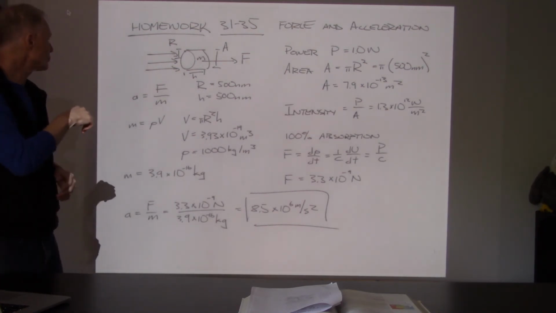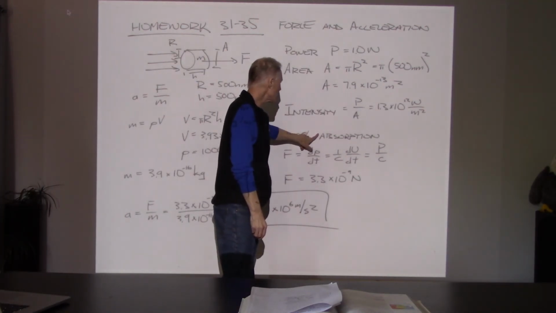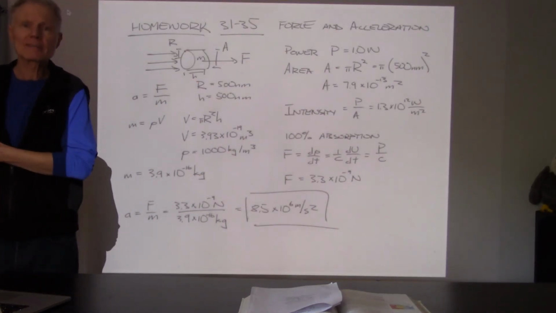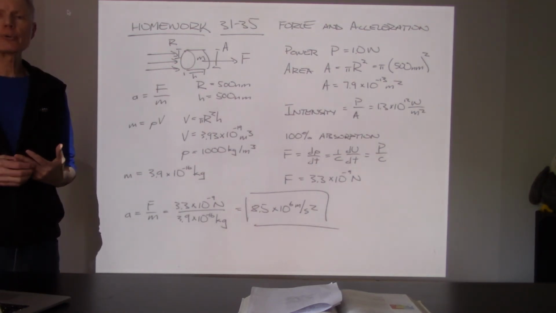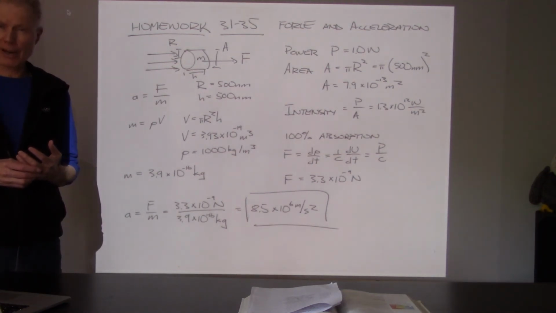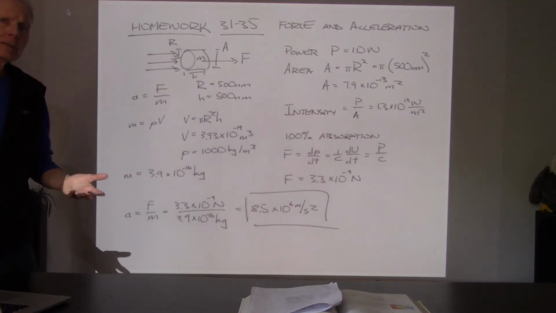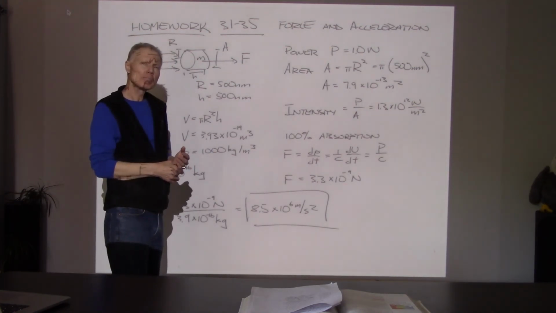It says this object is 100% absorbing, which makes me really nervous. Because if we hit it with a powerful light beam and it absorbs all that energy, we could vaporize this, okay? And so that's something to keep in mind.